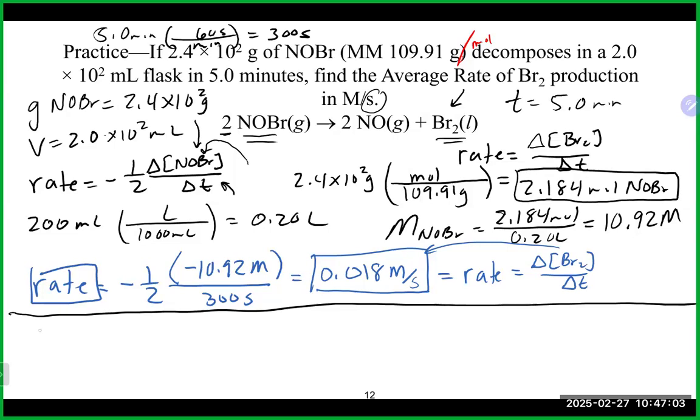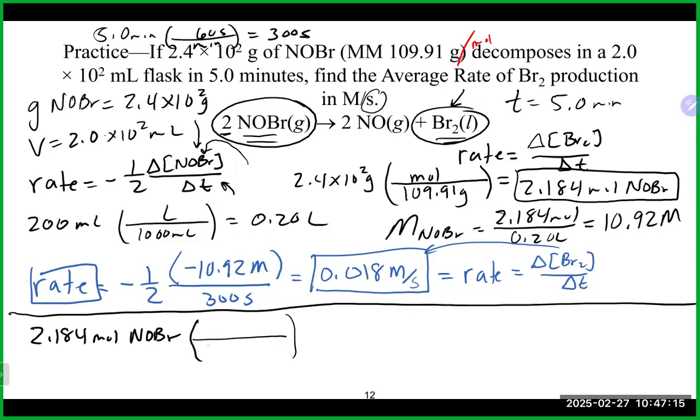So if we take the 2.184 moles of NOBr and do a mole to mole relationship, 2 moles of NOBr is 1 mole of Br2.